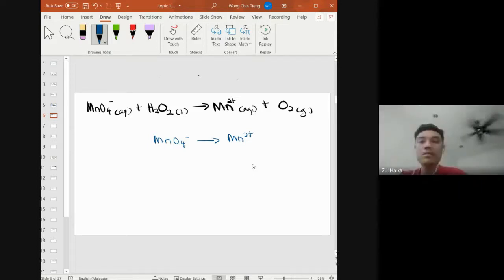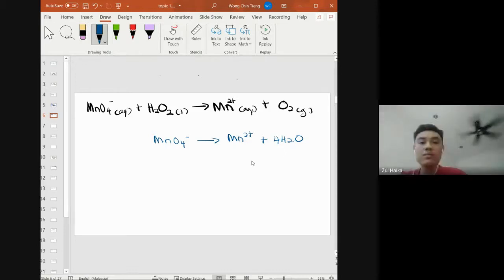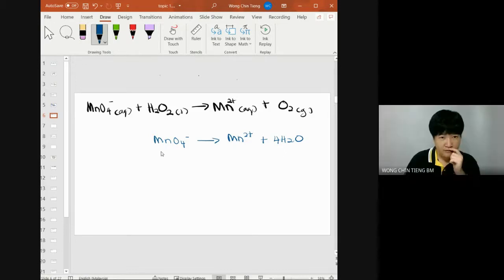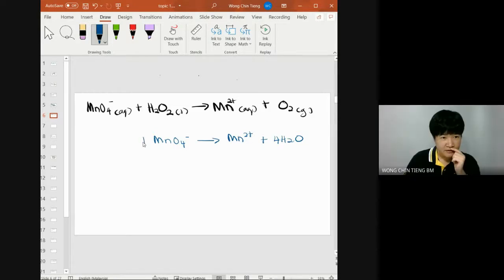Right. So Zul say 4 H2O on the right. Therefore, Zul, how many H plus on your paper? 8. 8 on the left. Left. Alright, yang lain boleh check.